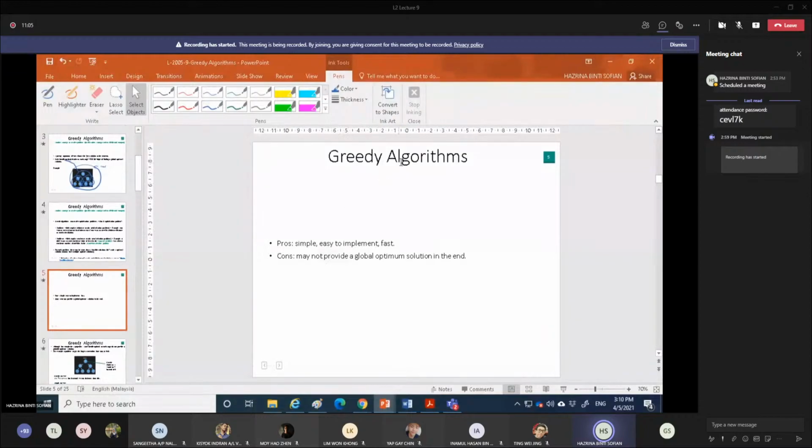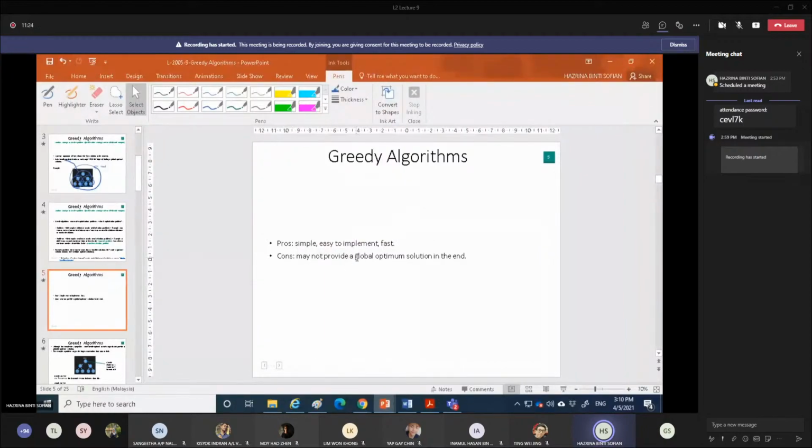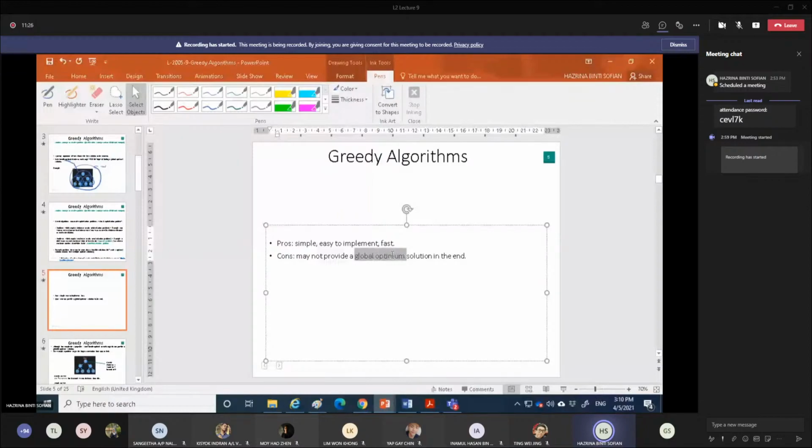So let's see the pros of the greedy algorithm. First of all, it is simple, easy to implement, and fast in terms of time complexity. However, the con is that it may not be able to provide the global optimal solution in the end.